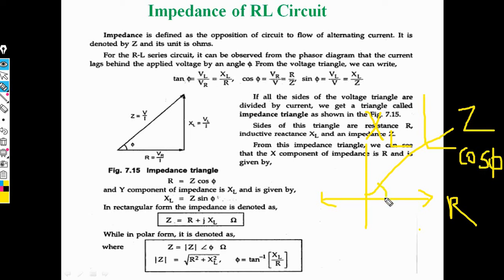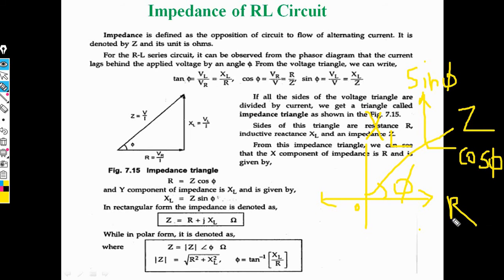Here the angle we have considered is phi, and here sin phi. Here the angle is initially 0.